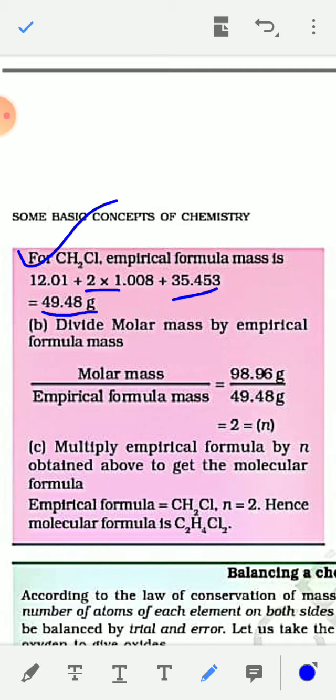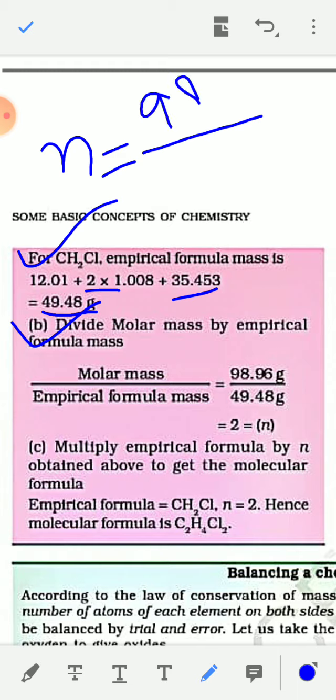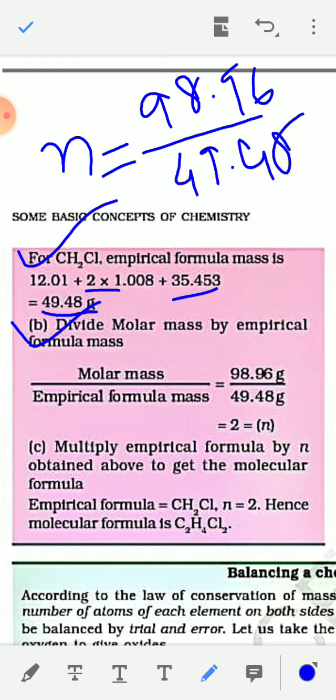The molecular mass of the compound is also given, 98.96 gram. So divide molar mass by empirical formula mass and you will get the number n. n is equal to molar mass divided by empirical formula mass, that is 98.96 divided by 49.48, so it is close to 2. Now multiply the empirical formula by the value of n.